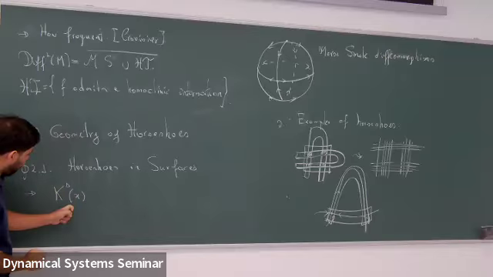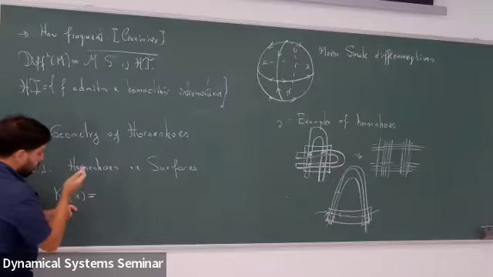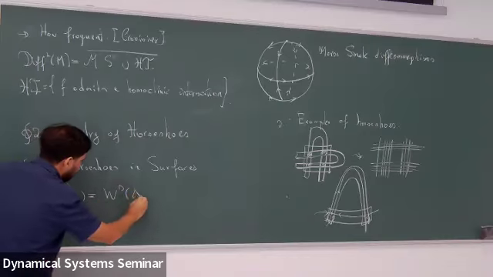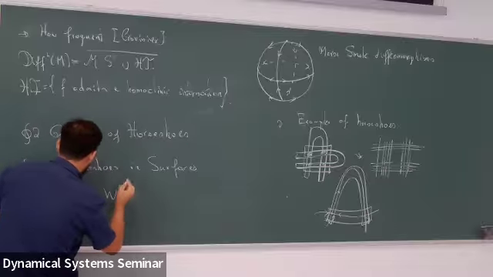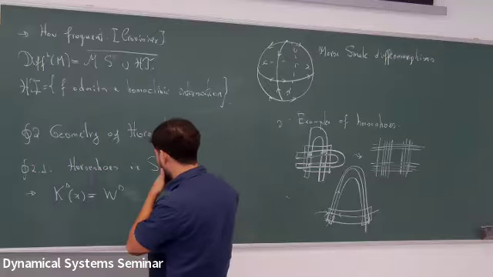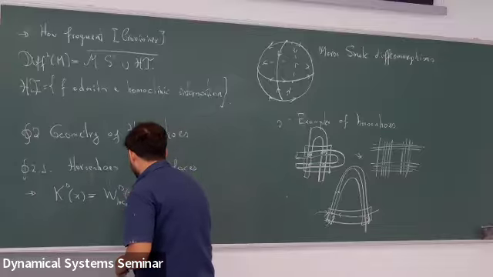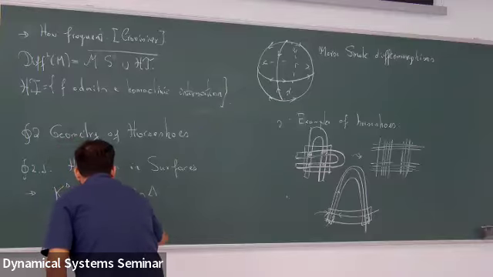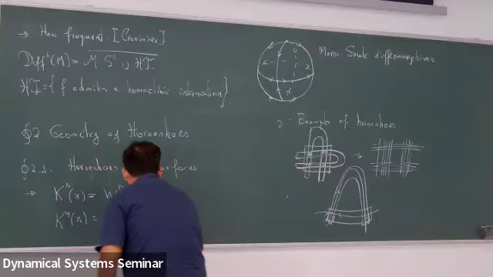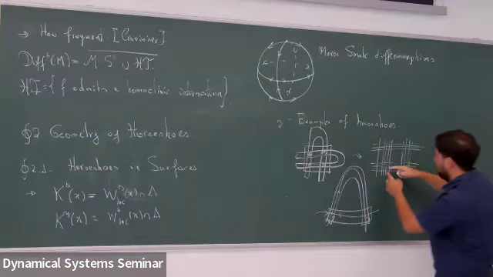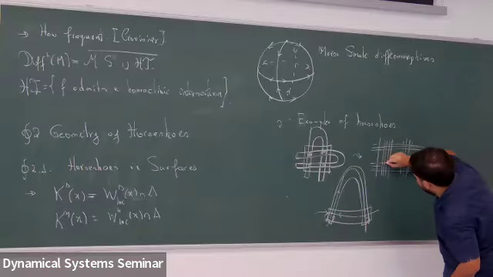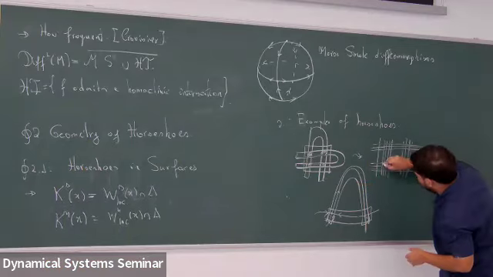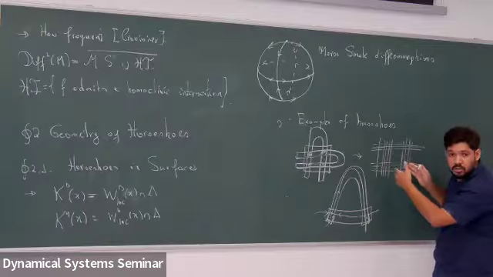For a given point, you have a pair of nice sets, which I'm calling the stable set, which is basically the intersection of the stable lamination with the horseshoe, and the unstable set. I'm drawing these pictures all the time, but what you see in the horizontal lines is the stable Cantor set, and in the vertical line is the unstable Cantor set. Around each point you have these guys.